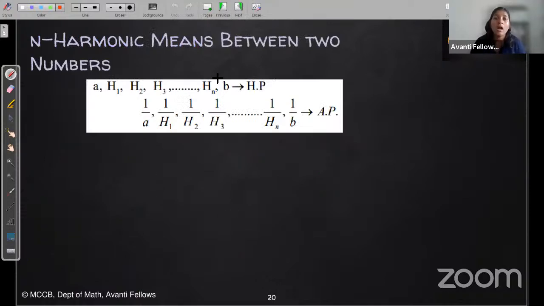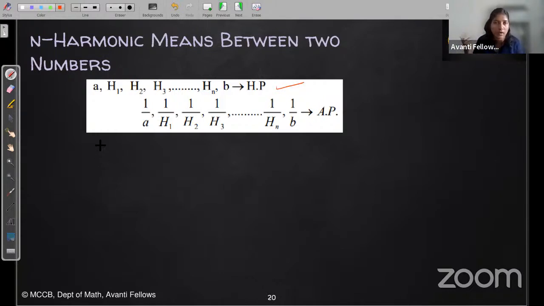So next is n harmonic means between two numbers. How do we compute these values when we have n harmonic means between two numbers A and B? How can we solve it? Same thing: if A, H1, H2, H3, and so on up to HN, B are in HP, whenever an HP sequence is given to you, convert that to AP.